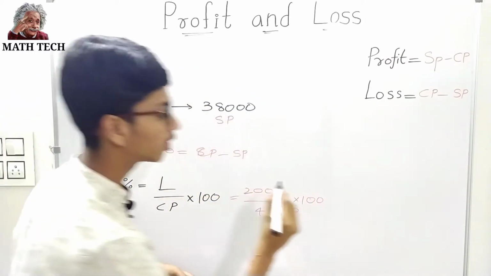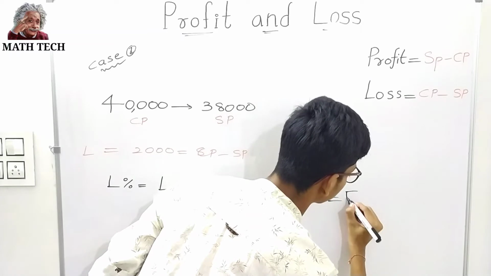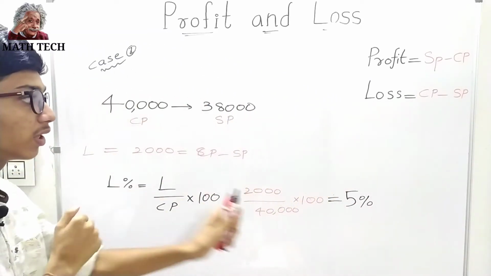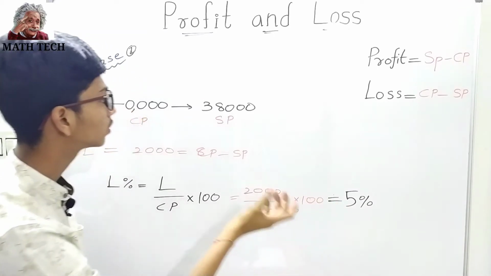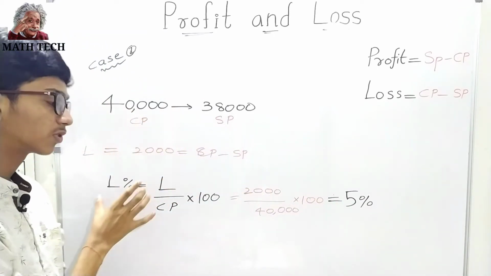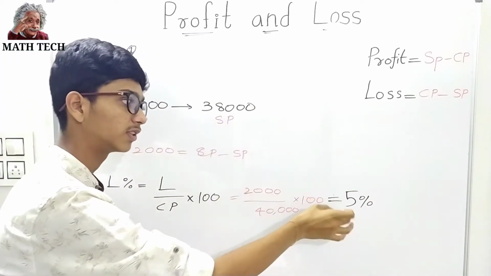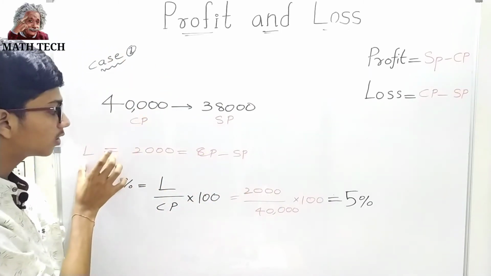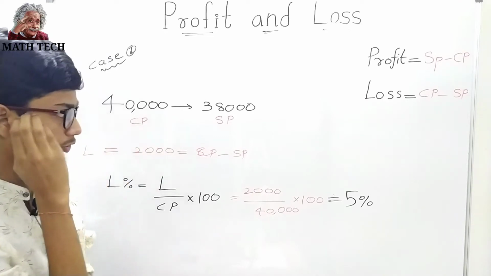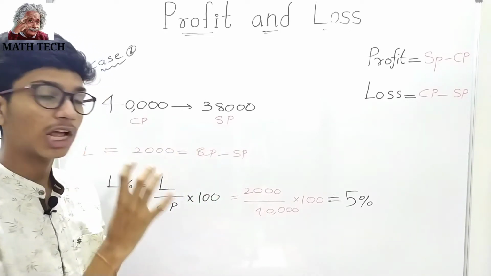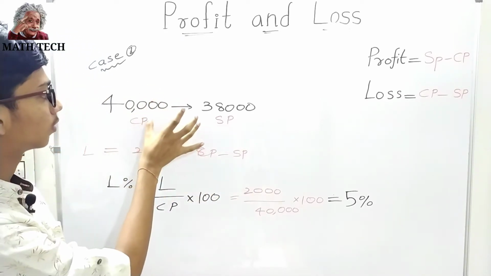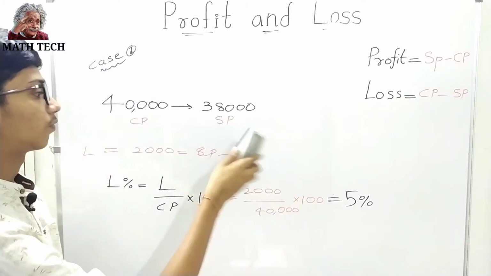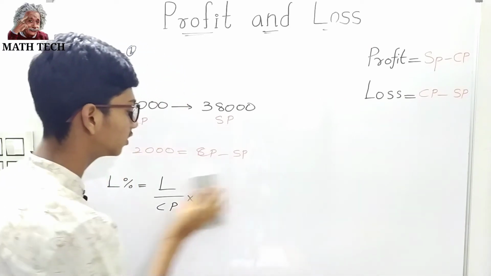That is, we will get 5%. Here loss and profit are the same. Because in both case 1 and case 2, loss and profit are 2,000 rupees, the loss percentage and profit percentage are both 5%.